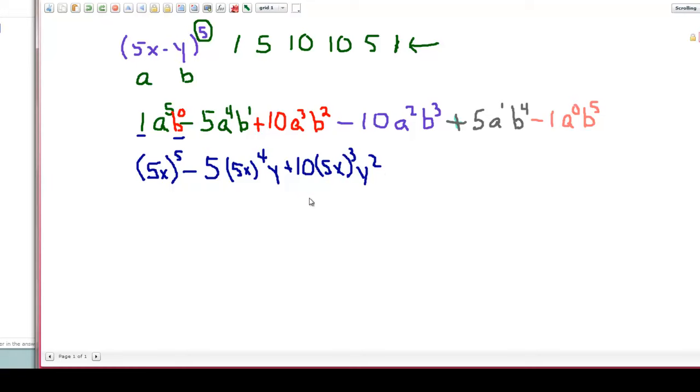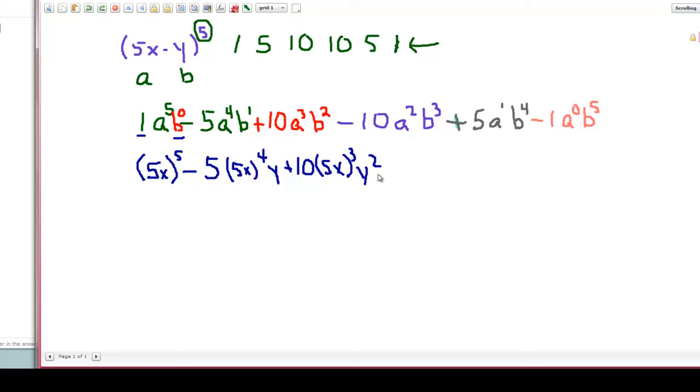Now, the only reason why I'm not using parentheses with the b when I'm substituting y in is because it's only y. Now, you could just substitute in parentheses if you want to, but it's not going to make a difference. The reason why I'm making sure that I substitute with parentheses for the a is because you have that extra 5. If you forget about that 5 with the exponent, you're going to get it incorrect.